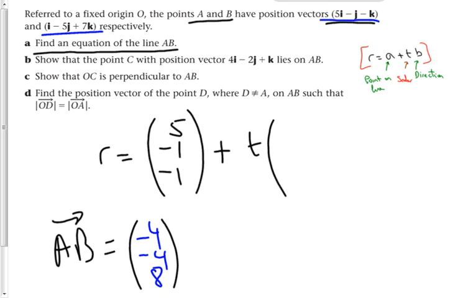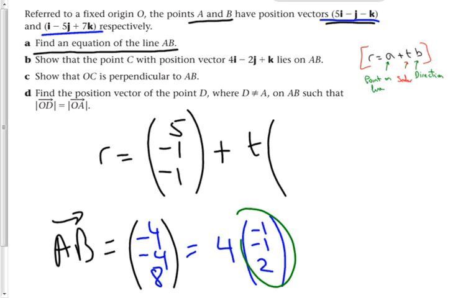Now, let me just break this down for you. They're all multiples of 4. So if I take out 4, I have -1, -1, 2. And because this vector is a multiple of that vector, sometimes you may see the answer in the back of the book is slightly different. You might not see -4, -4, 8.